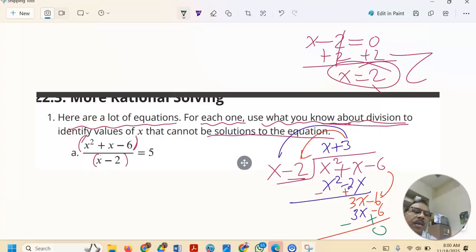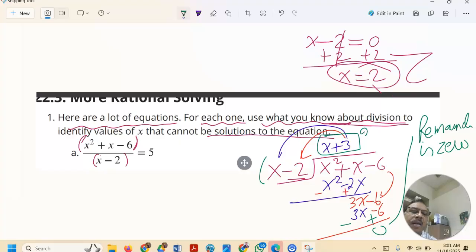And so beautifully the remainder, what does this mean? The remainder is 0. What that means is, when we divide, this piece is the quotient. So many of you forget, right? So this is the quotient.